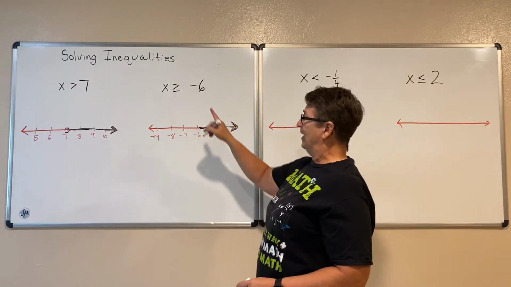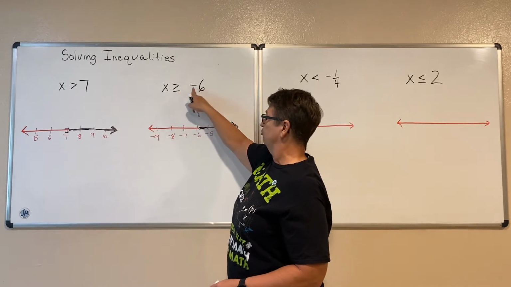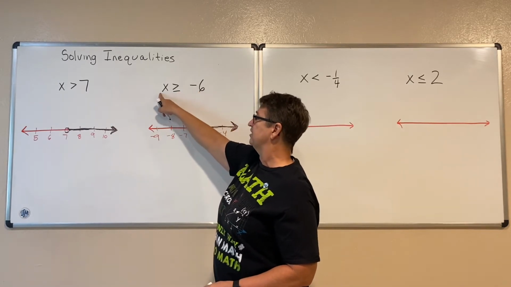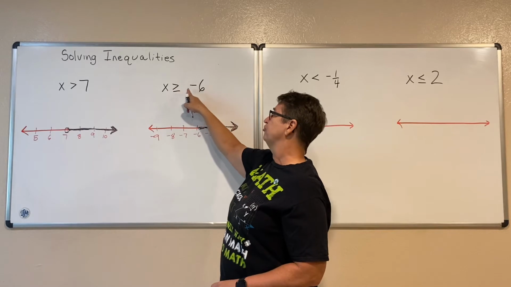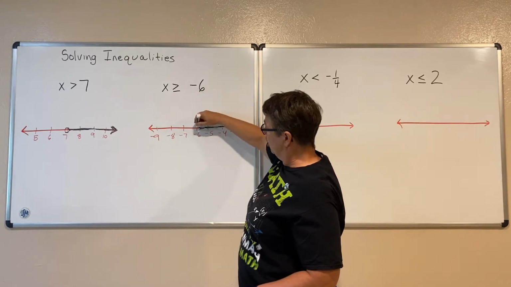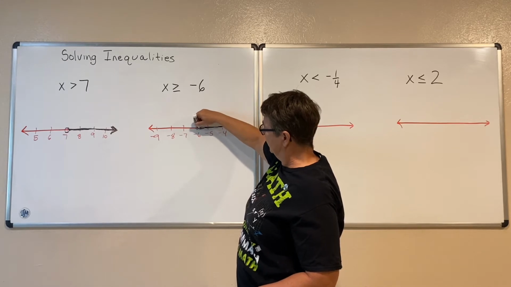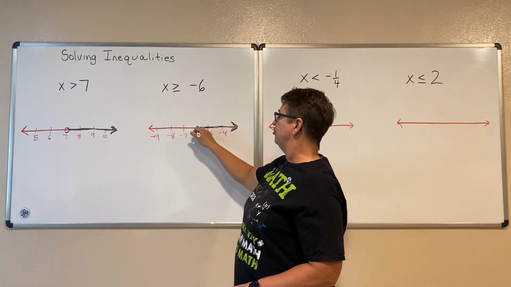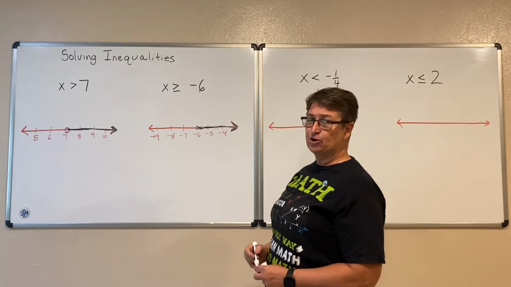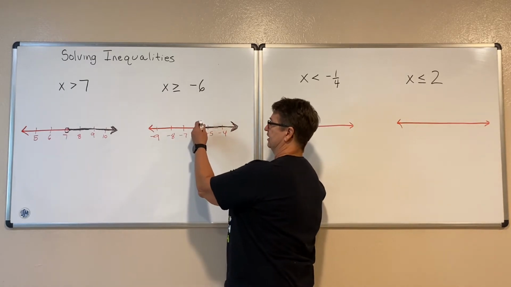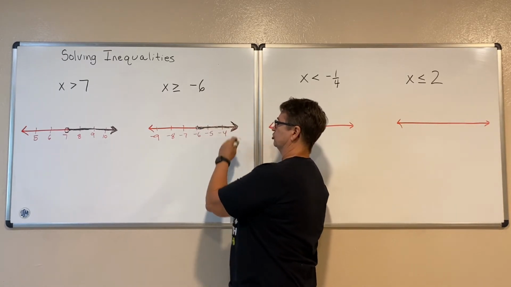This time though, it can be equal to -6 because -6 is equal to -6. So to show that, we're going to put a dot at -6. So this dot means it can be equal to -6, and then it could be anything larger.